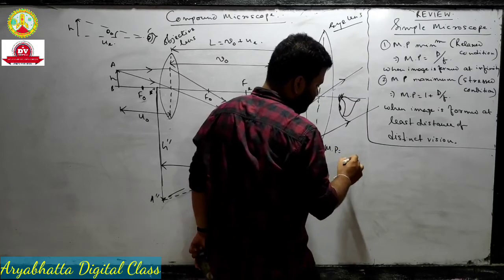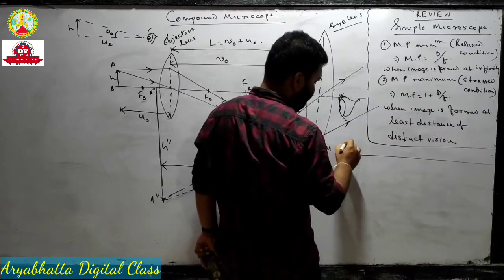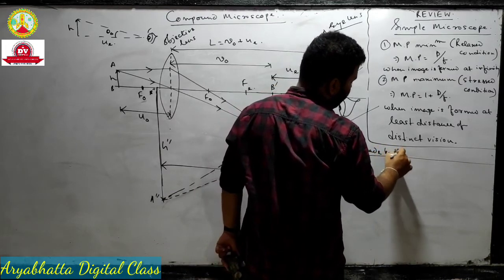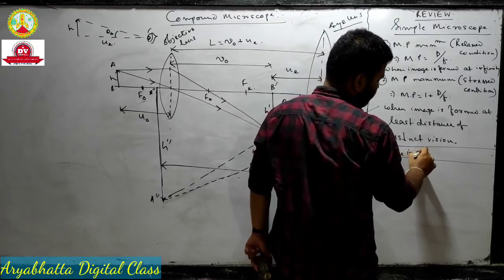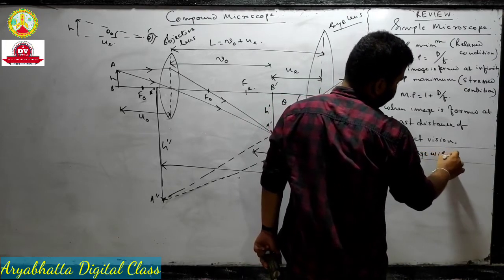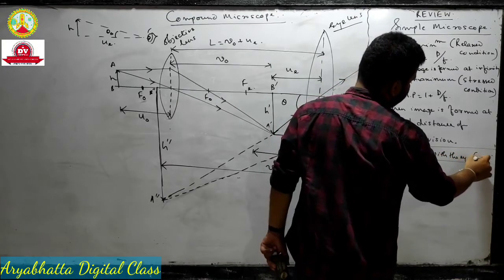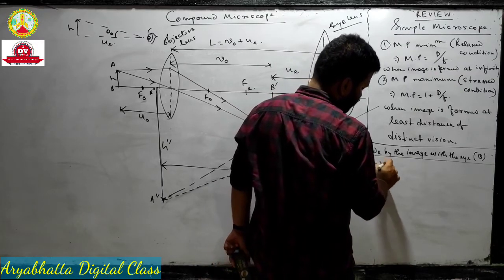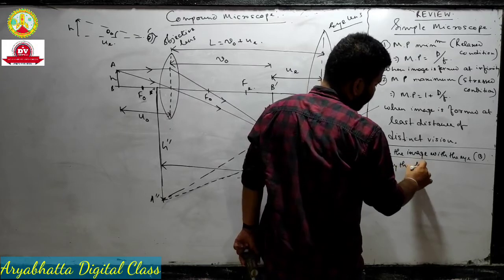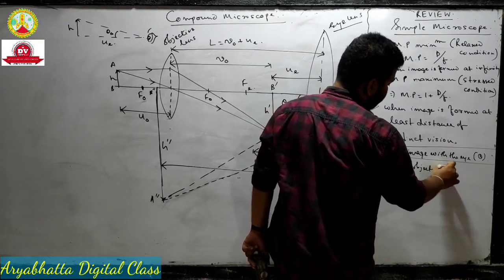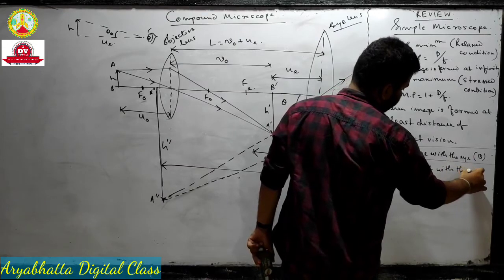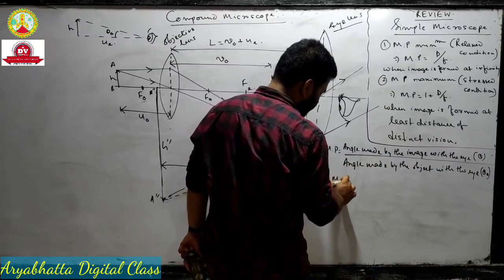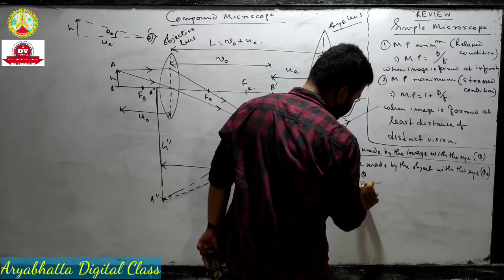So magnifying power is, I am again writing the formula, the angle made by the image with the eye, that is theta, divided by the angle made by the object with the eye, that is theta naught. Okay, so magnifying power is theta divided by theta naught.